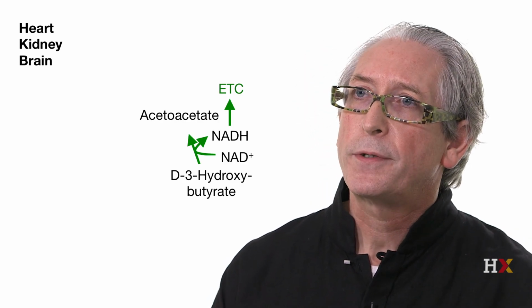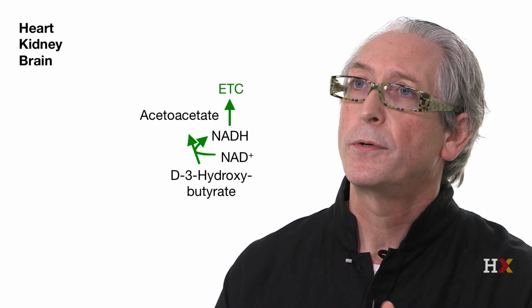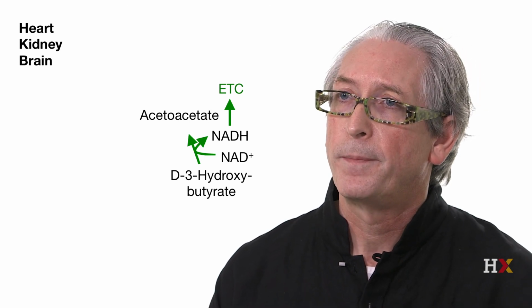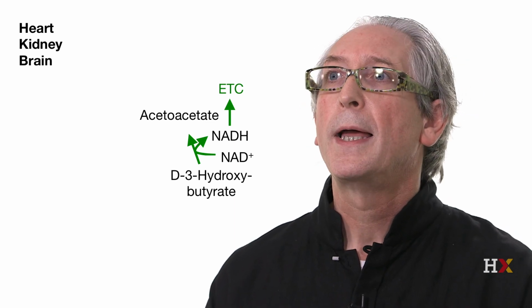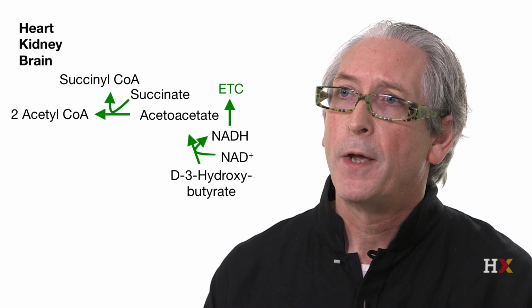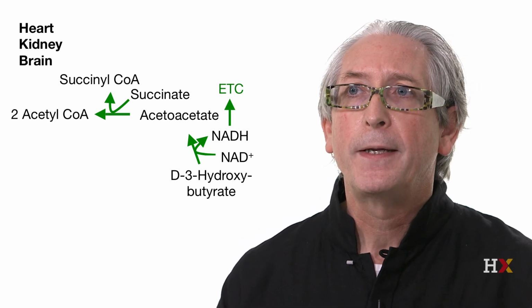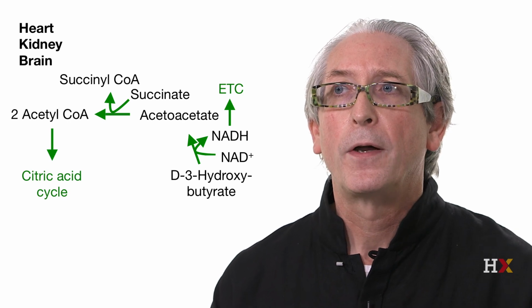NADH is produced and can feed the electron transport chain and thus contribute to the formation of ATP. Acetoacetate is then converted to 2 acetyl coenzyme A and 1 succinyl coenzyme A. Both molecules can feed the citric acid cycle as long as tissues have enough oxaloacetate.